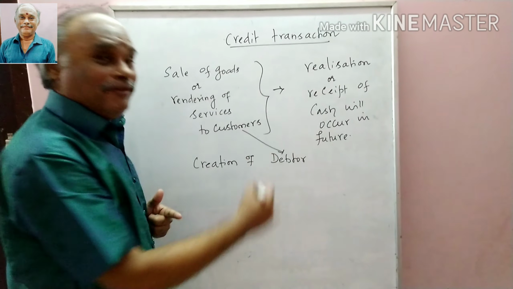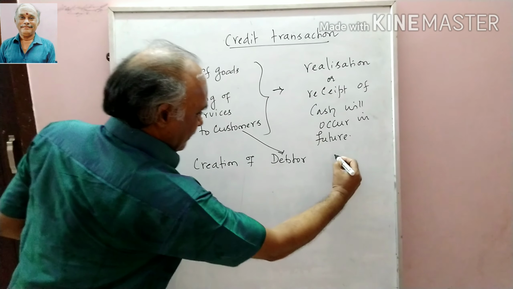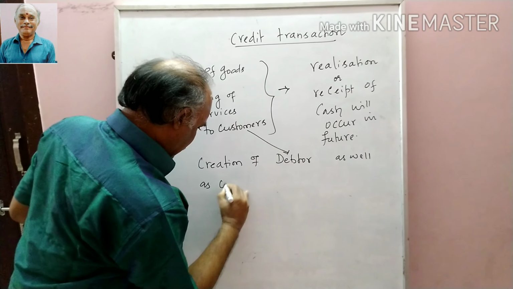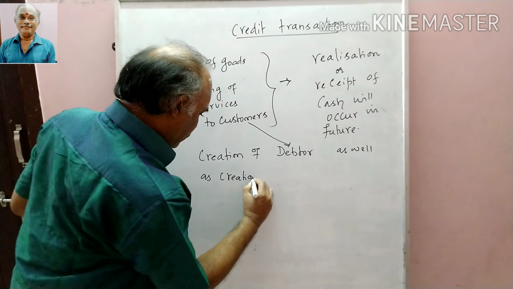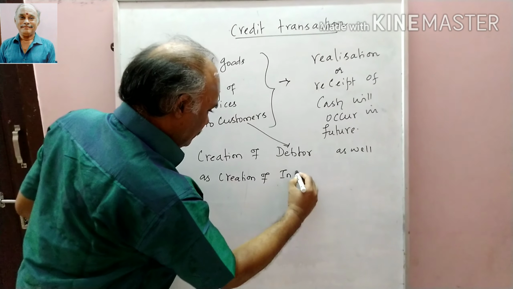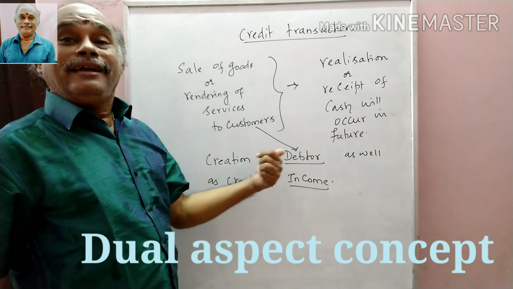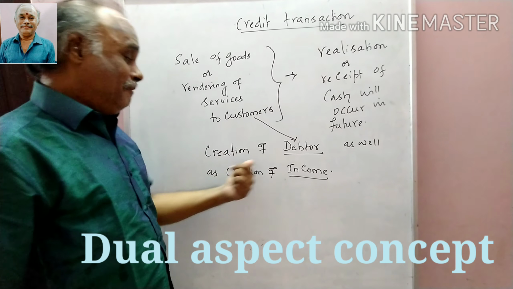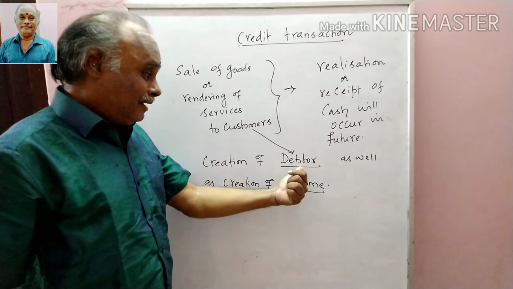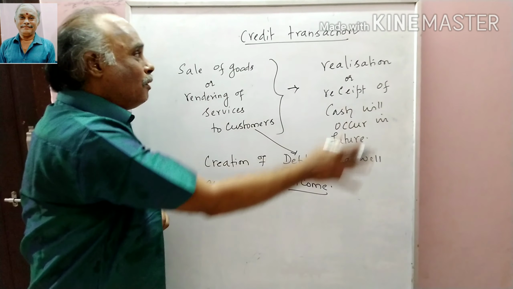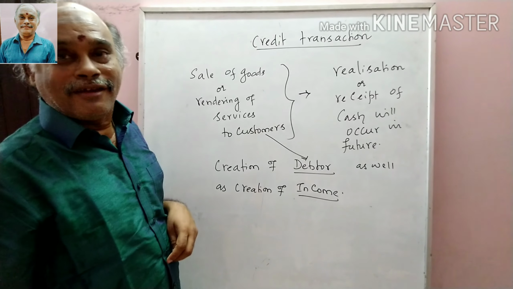So ultimately we are creating a debtor as well as creation of income. Dual aspect concept. So here we are creating a debtor as well as we are creating an income. Debtor means debit, income means credit. I think you would have understood the meaning of the credit transaction.